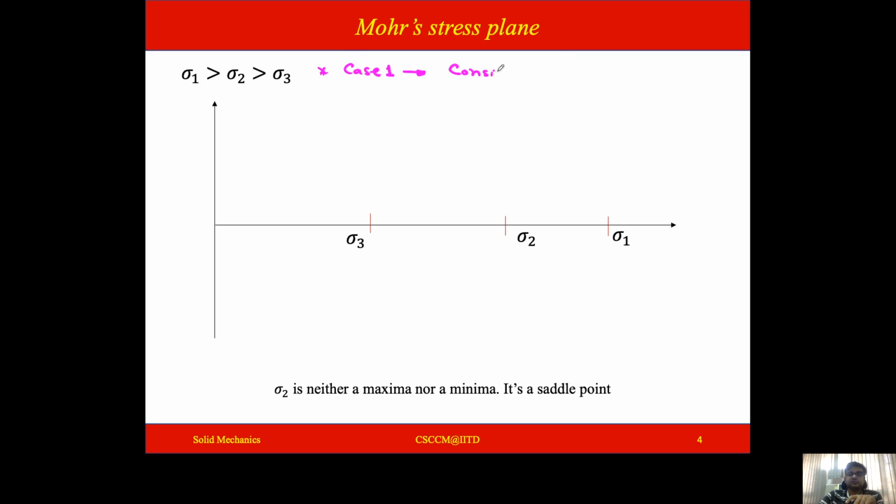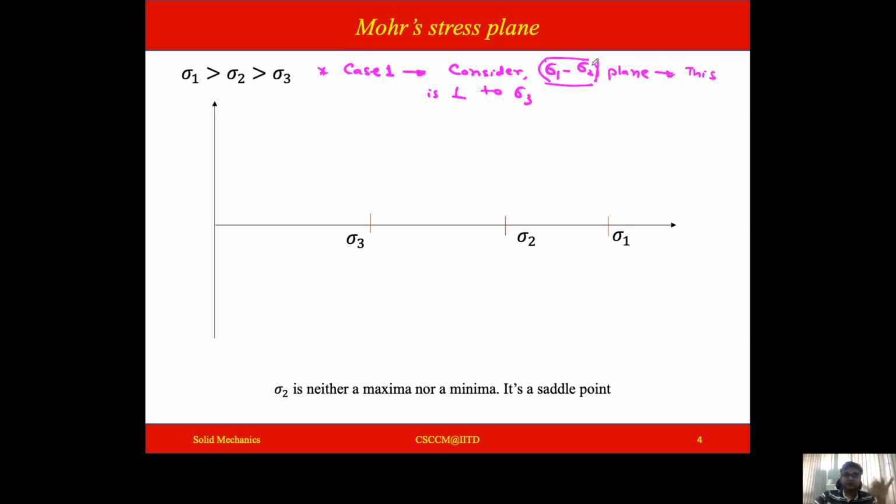Case 1, consider sigma 1 and sigma 2. So basically, consider the plane that is perpendicular to sigma 3. So consider sigma 1, sigma 2 plane, which means this plane is perpendicular to sigma 3.